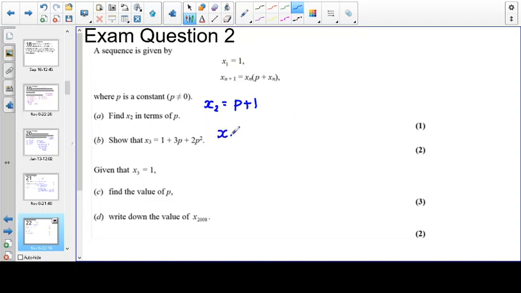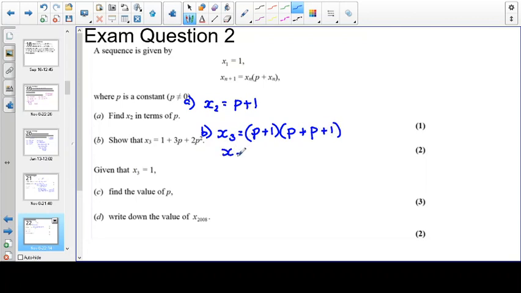x3 is going to be the previous term times by p plus the previous term. So it's the previous term, x2, times by p plus x2.